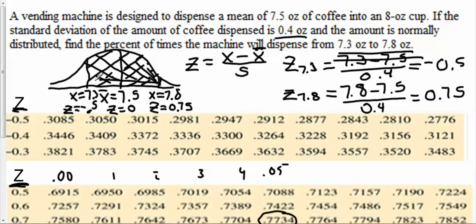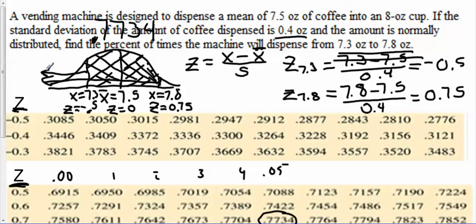So all of this area to the left is, I'll write it up here, 0.7734. But we don't want all that area because it's not all shaded. To the left of a negative 0.5 over here, under the curve, it's not shaded. So we don't want that area.